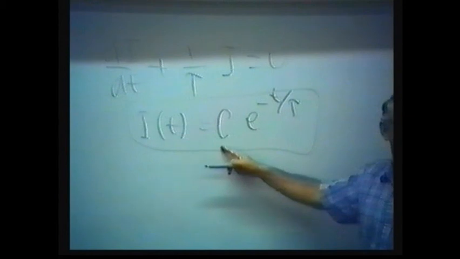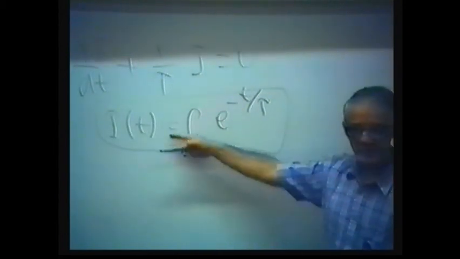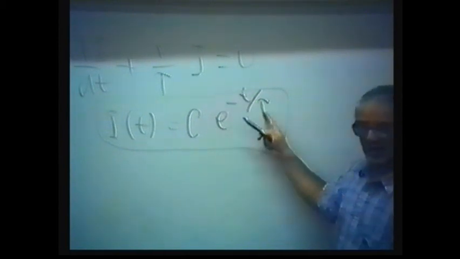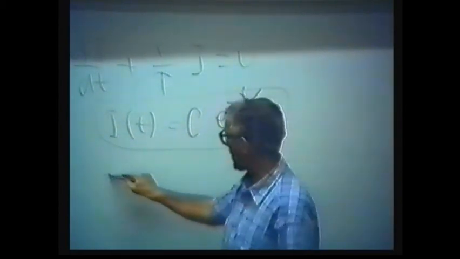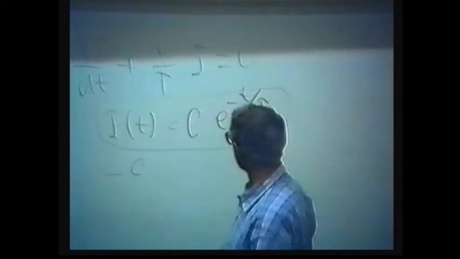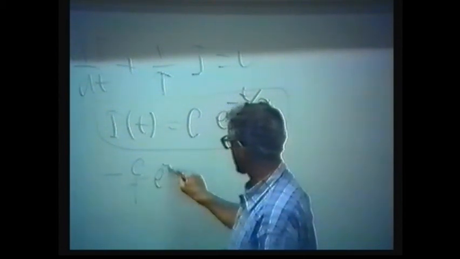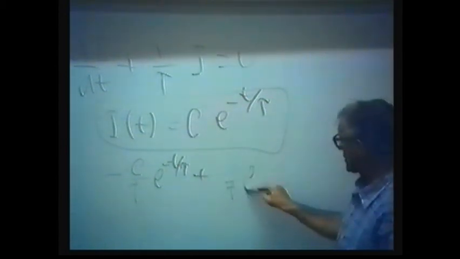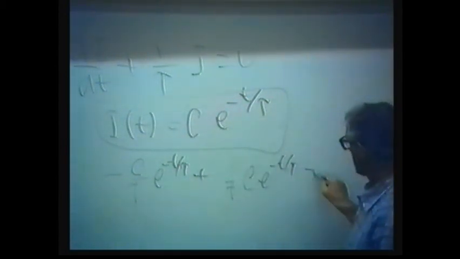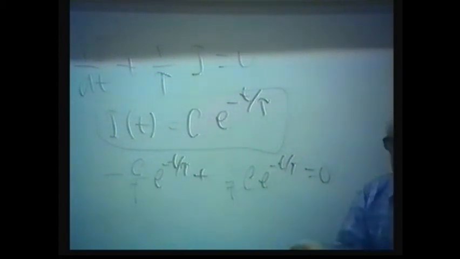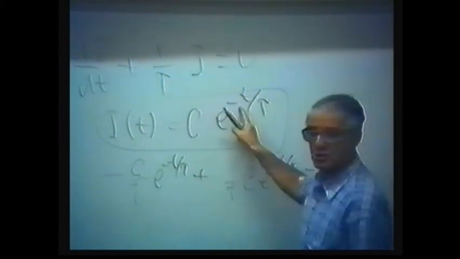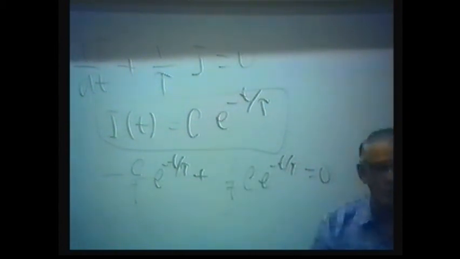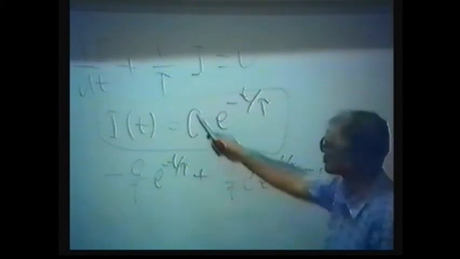C over tau. And I take the derivative. That's constant. That's variable. Take the derivative. You will get minus C over tau, exponent. What would be this term? One over tau, C exponent. Equals 0. Of course, maybe I could take plus. No, plus does not work. Correct? So that's our solution.